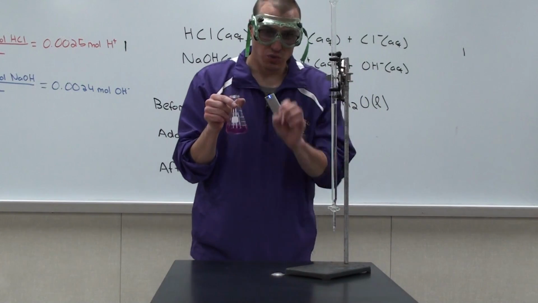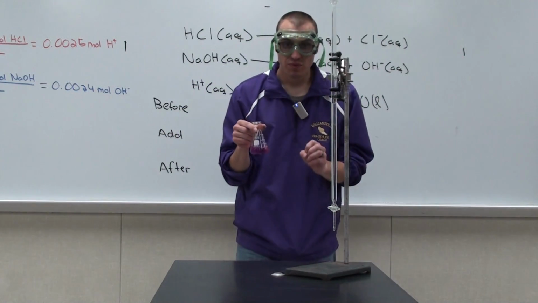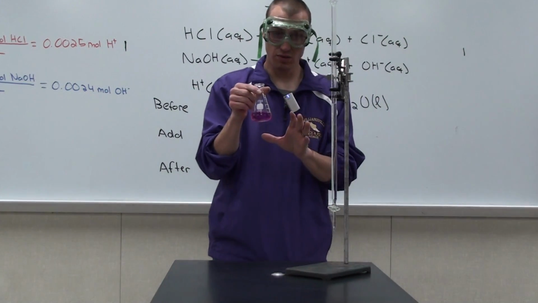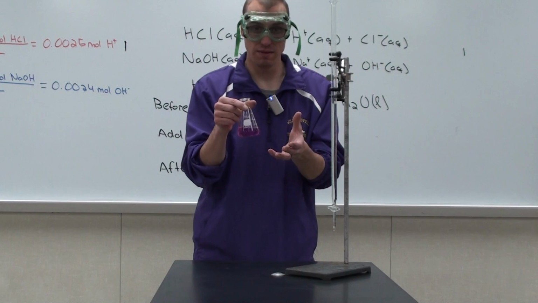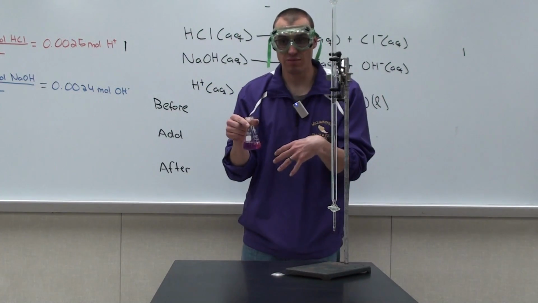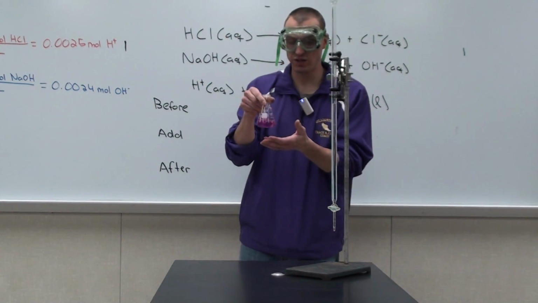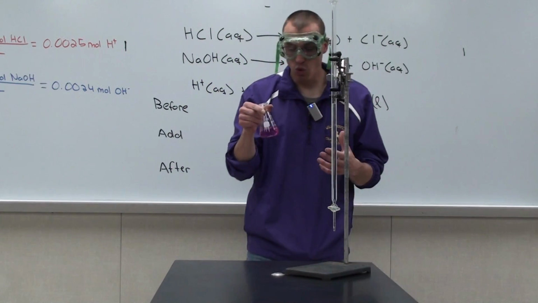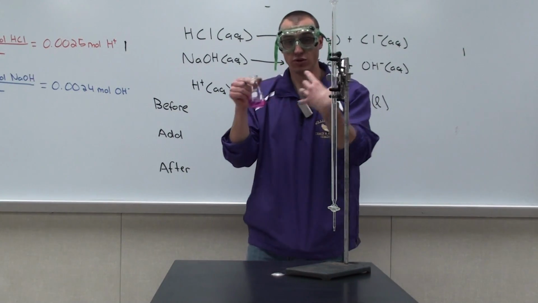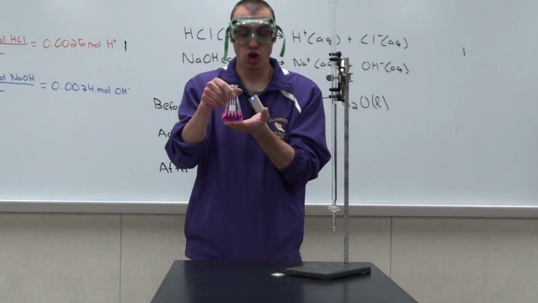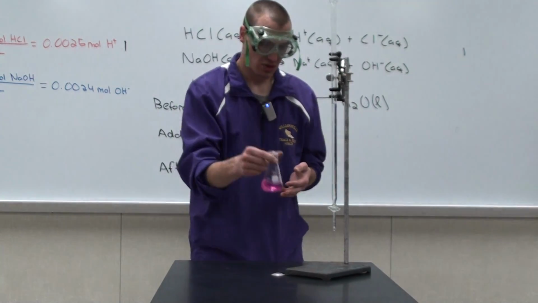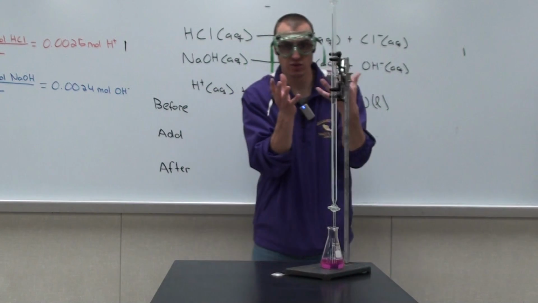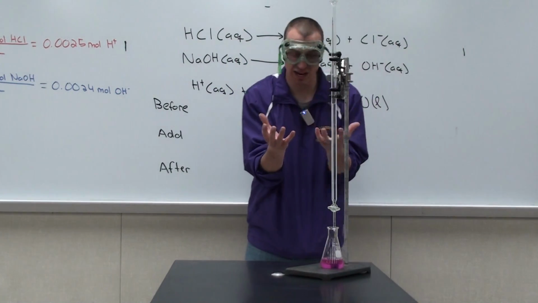So what this means is right when this solution turned pink, we have a couple things that are happening. 1, we've reached that equivalence point, and 2, because we titrated a strong acid with a strong base, we have not only reached the equivalence point, but gone to a pH of 7. If you think about the chemistry, all of the H+ ions have reacted with all of the OH- ions.